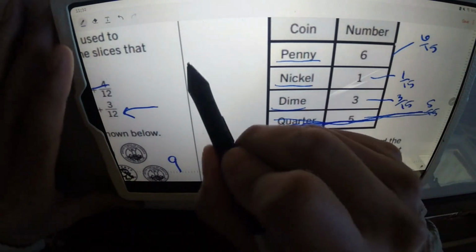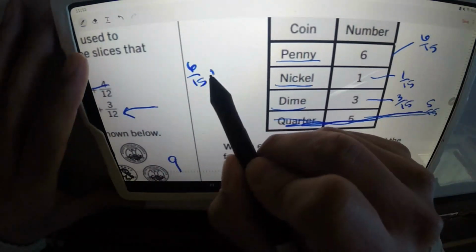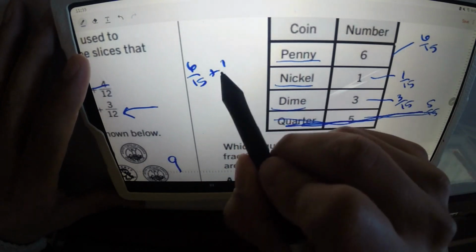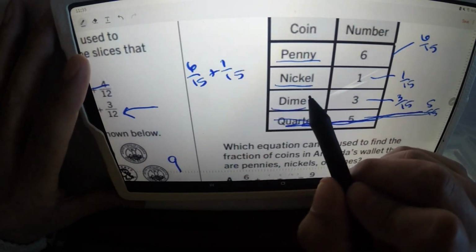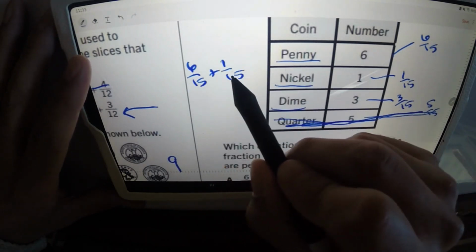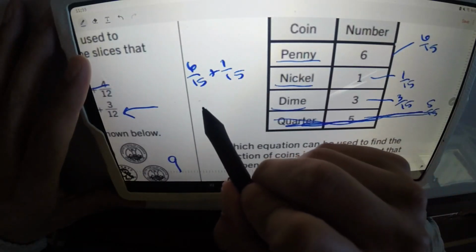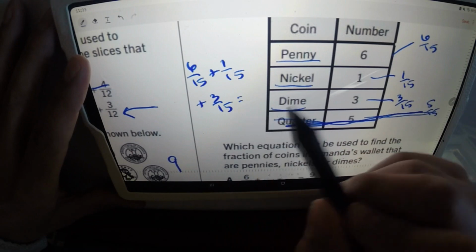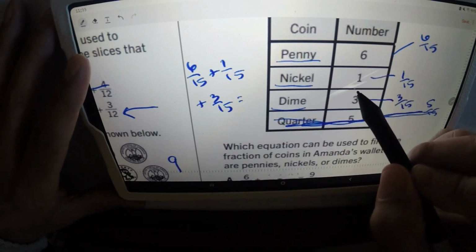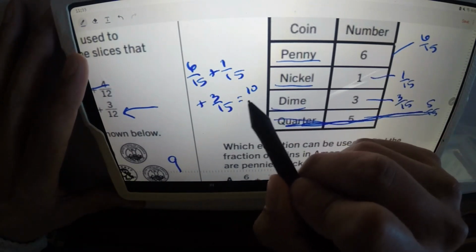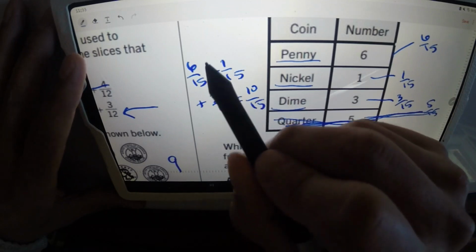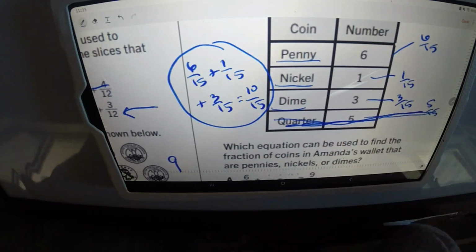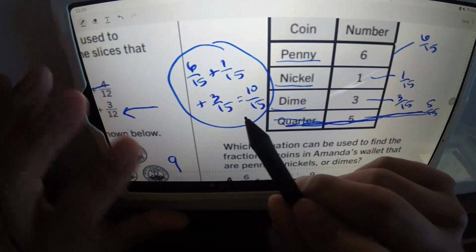So we want it to look like 6 over 15 plus, because we're looking for a total, plus 1 over 15 for nickels, these are pennies, these are nickels, plus 3 over 15 for a total of, what do we say, 6 plus 1 is 7, 7 plus 3 is 10, so 10 over 15. So we're looking for an equation that looks like this: 6 over 15 plus 1 over 15 plus 3 over 15 equals 10 over 15.